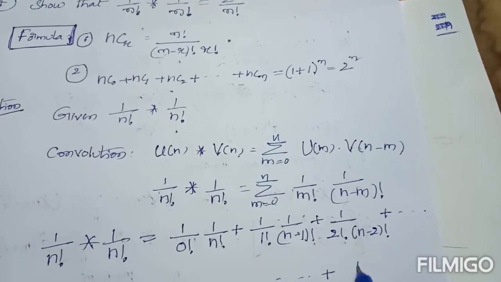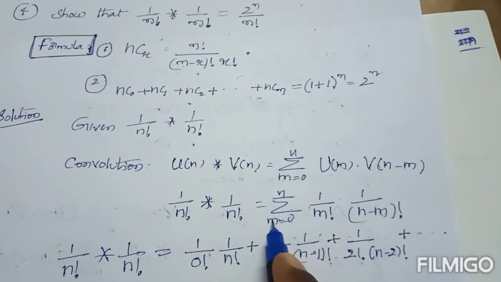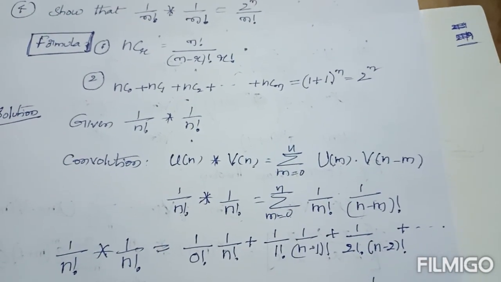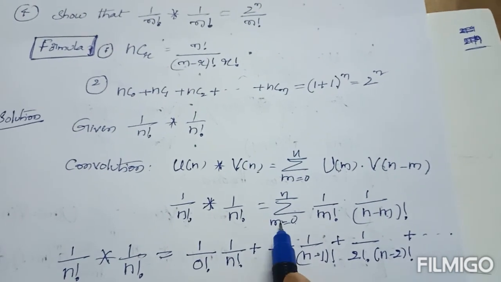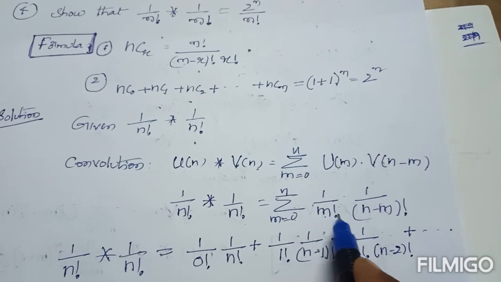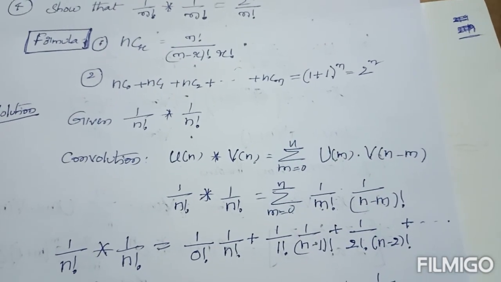The last term is for m equal to n: 1 by n factorial, 1 by n minus n factorial.